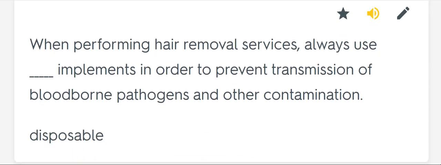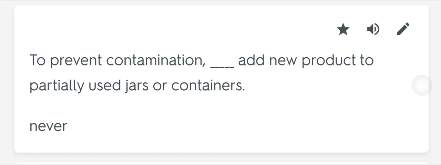When performing hair removal services, always use disposable implements in order to prevent transmission of blood-borne pathogens and other contamination. Disposable. To prevent contamination, never add new product to partially used jars or containers. Never.